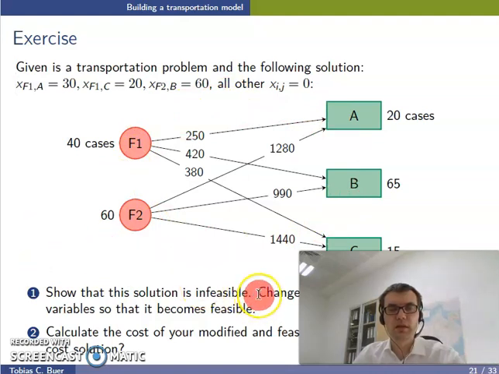The next task is you should show, by changing some of these decision variables, how to create a feasible solution. And in item number 2, you should calculate the cost of your proposed solution, and I want you to comment if this solution that you found is the minimum cost solution. Good luck with that.